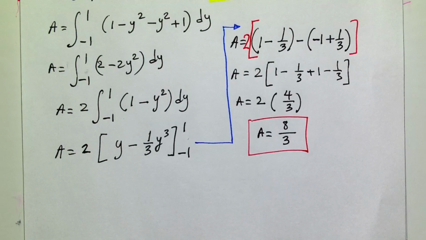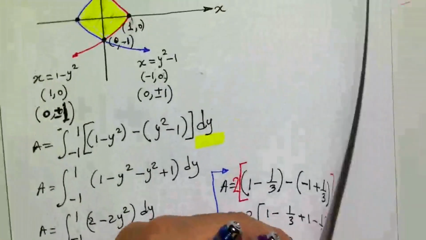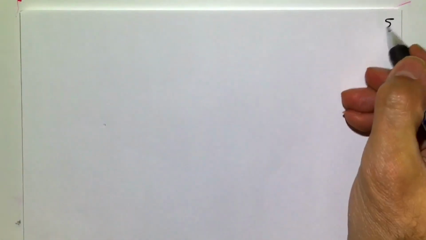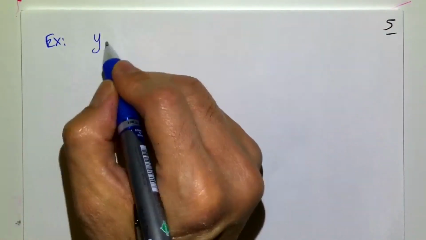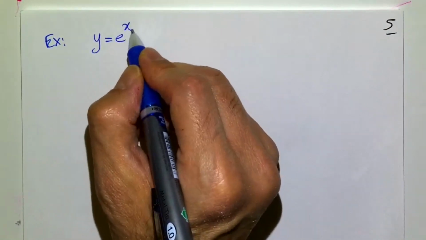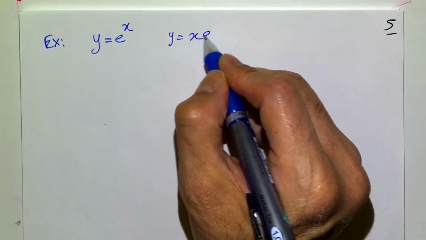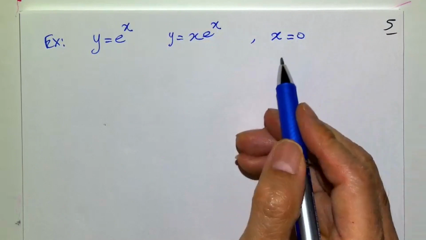All right, so let's do another example. Suppose we want to find the area between these curves, y equals e to the x and y equals x times e to the x, and we want to start from x equals 0.